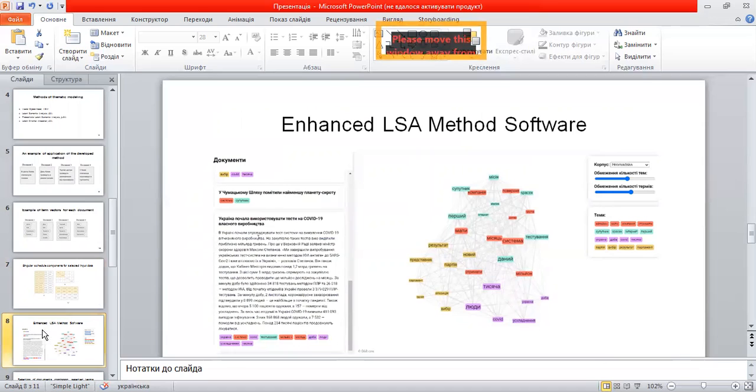So this is a screenshot from the work of our developed software. With the full work of our software, you can see with a link provided in our paper in the reference list.